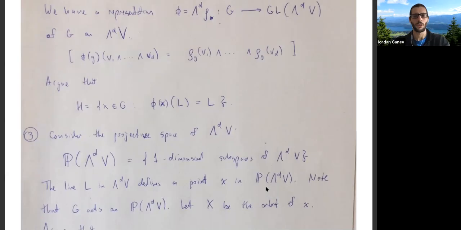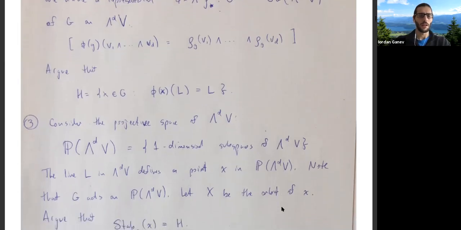The line L is a specific one-dimensional subspace, so it defines a point in this projective space. I'm calling that point little x. Maybe it's a bad notation because I was also using little x for things in the group, but it's too late to change it now.